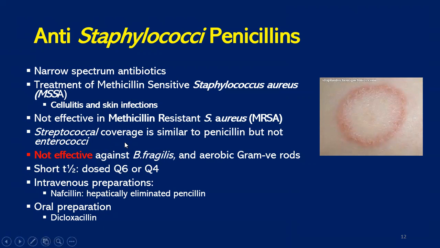Also, they cover streptococci, similar to penicillin, but they're not active against the enterococci. They're also ineffective against Bacteroides fragilis, which is an anaerobic bacterium. Besides, they are also able to inhibit the growth of gram-negative aerobic bacteria. They are short in their half-lives, and that's why they need to be dosed very frequently, every 6 hours or even every 4 hours.